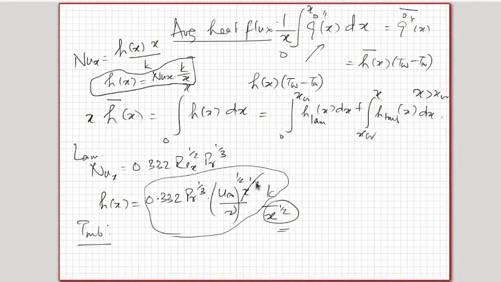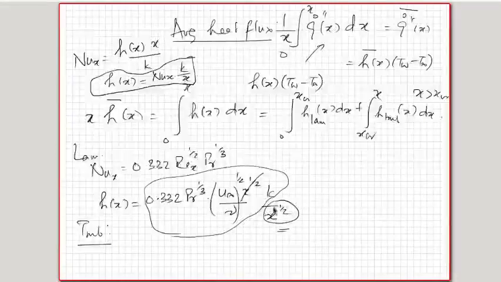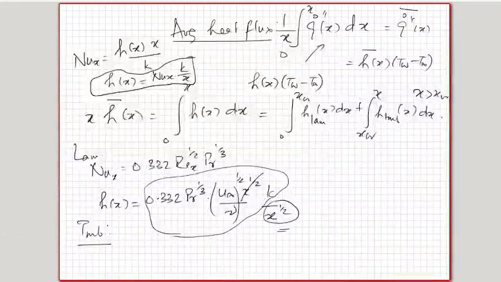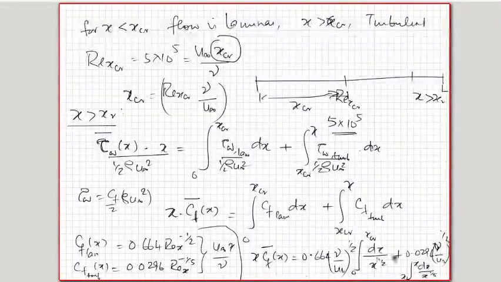So it's x to the power of 4 by 5 divided by x, you will get x to the power of minus 1 by 5 again. So that is dx divided by x to the power of 1 by 5, which will get integrated exactly in the same way as we saw in this expression.